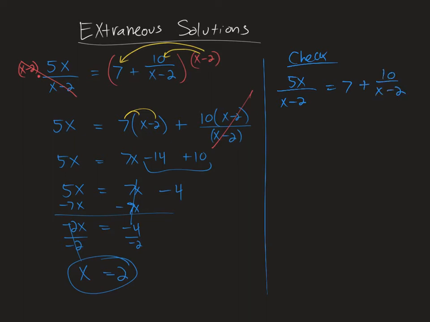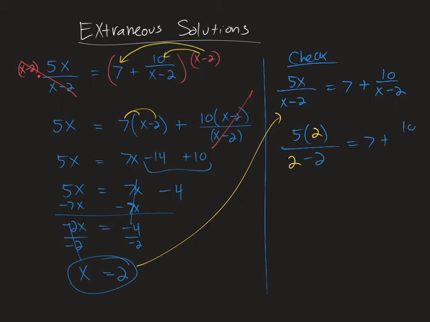And what happens when we plug x in everywhere? Well, we're going to run into lots of problems. And I hope that you see that we're going to run into lots of problems. 5 times 2, well, that's not really a problem because it's 10. But if I do 2 minus 2, we've got problems.